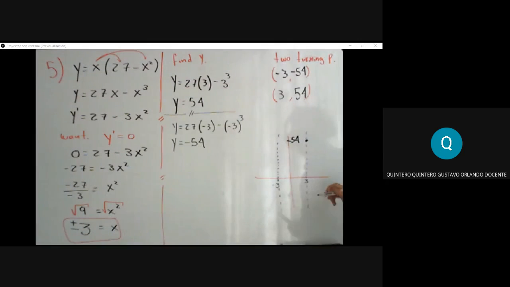Beautiful. That means that around here at -54, there is another turning point. Now, if you are following this graph, you kind of see that if you were to join the points, you would have something like this, right? I know that this line has to come down at this point.